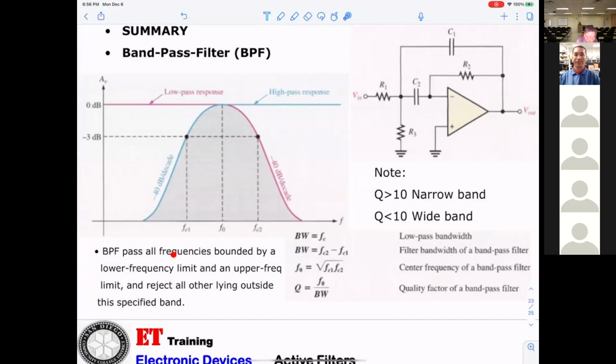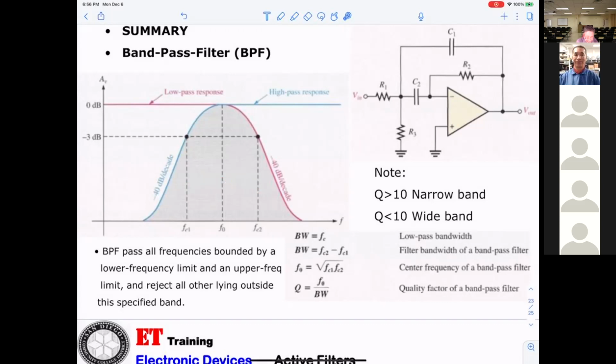So the bandpass filter passes frequencies bounded by FC2 minus FC1, okay? So this is the bandwidth from here to here.